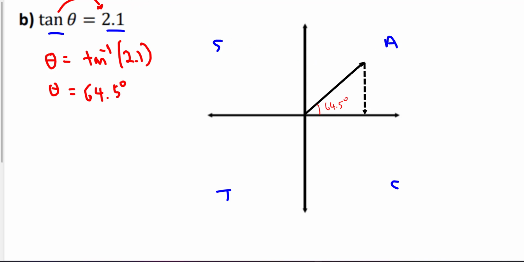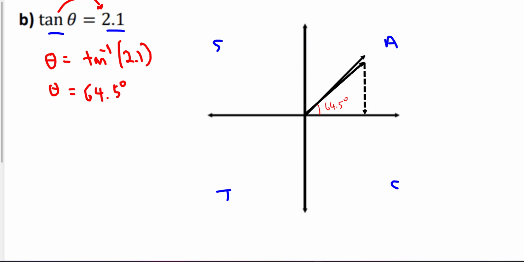But now the question is, which other quadrant is tan positive in? Because we have to draw another terminal arm, but the answer has to be positive. So it can only be in one other quadrant. What other quadrant can tan be in? Which other quadrant is tan positive?